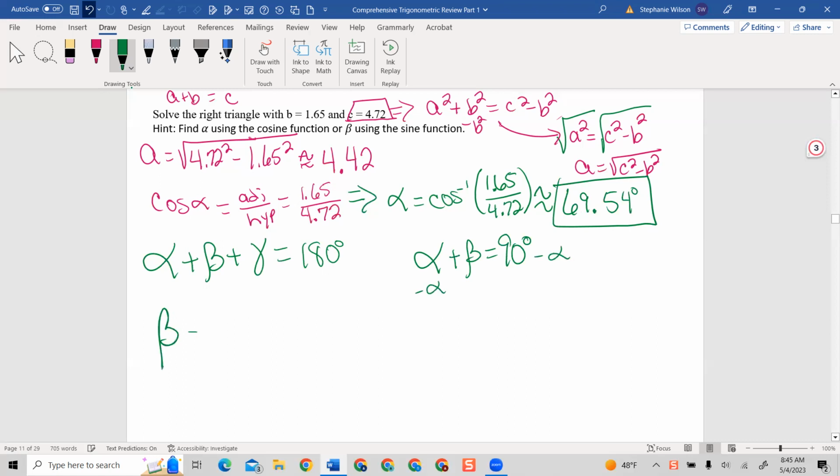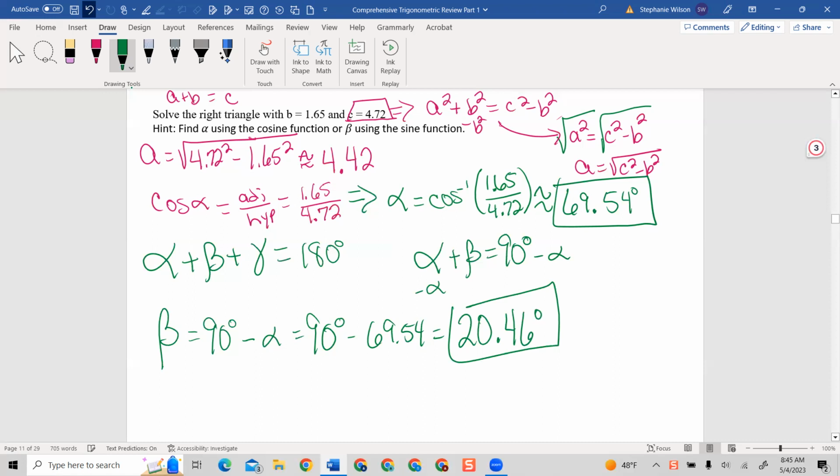So now I get beta is equal to 90 degrees minus my alpha, which we know is 90 degrees minus 69.54, which is equal to 20.46 degrees for beta.